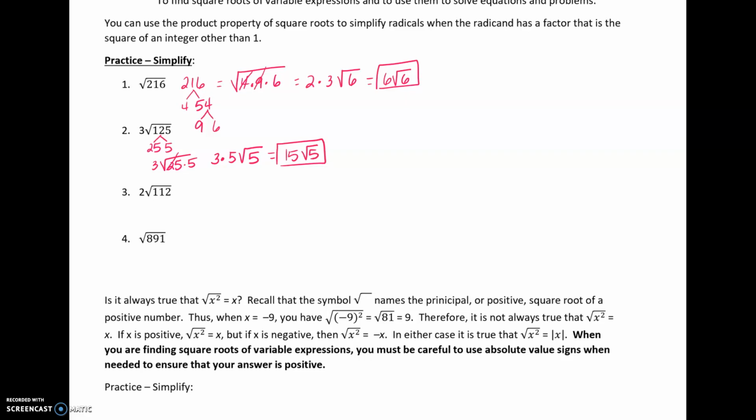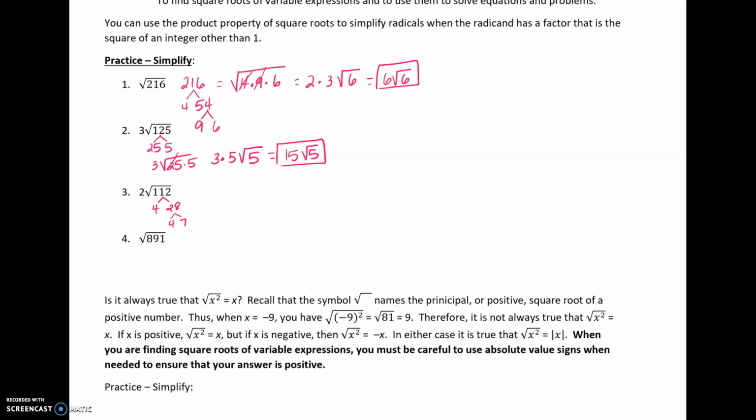Number 3, 2 times the square root of 112. 112 is not a perfect square. It ends in a 1 and a 2. The last 2 digits are 12, so I know it's divisible by 4. 4 times what? 4 times 28. 28 I know also has a factor of 4, and it's a perfect square.